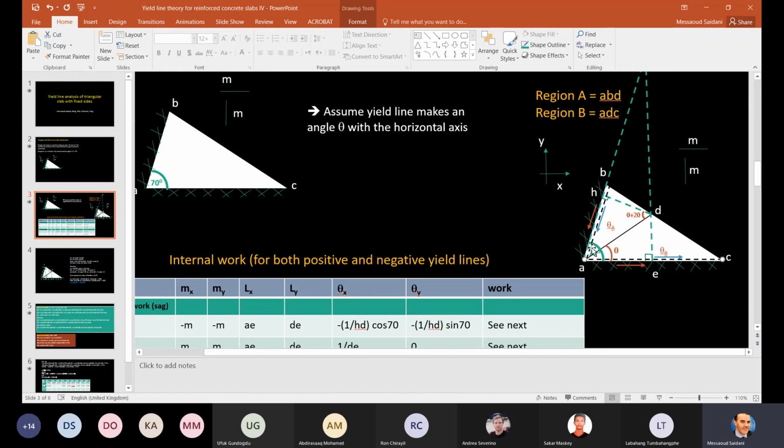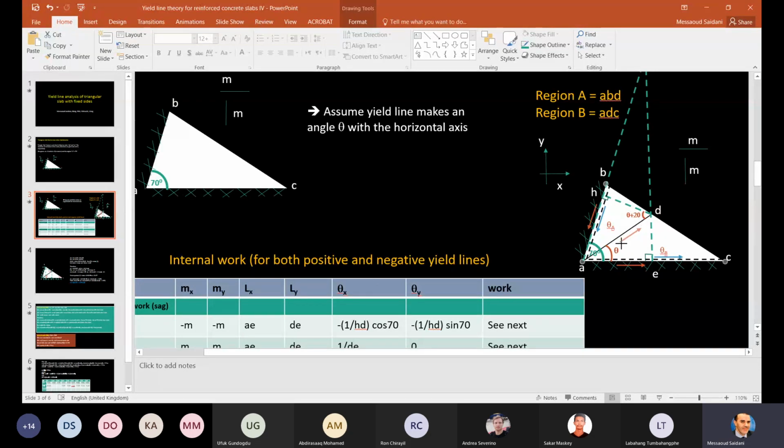If you use your left hand, your thumb will give you this direction as well. Okay, these are the correct directions for the rotation. What I haven't shown here, sorry, I missed them, is actually the direction of the moments here, rotations.